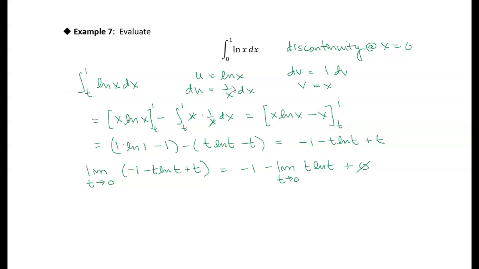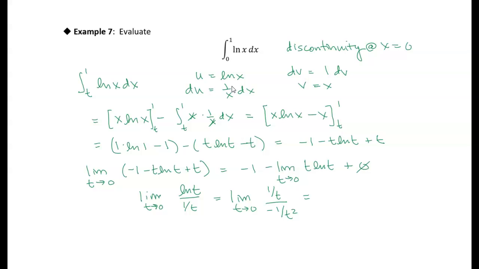Now, on the side here, we have to do the limit as t goes to 0 of t natural log of t, which I'm going to rewrite as the natural log of t over 1 over t. Then I get an infinity over infinity form, which I can apply L'Hopital's rule to. I take the derivative of the numerator, which is 1 over t, and the derivative of the denominator becomes minus 1 over t squared.